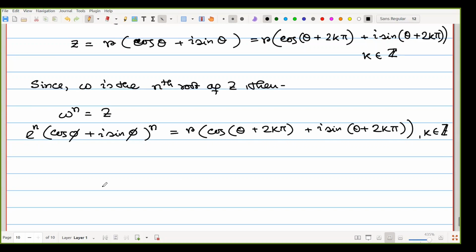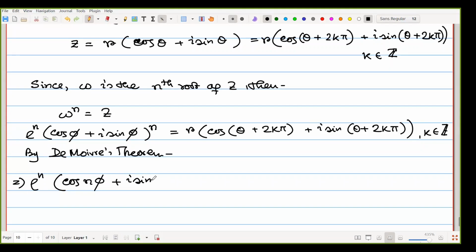So by de Moivre's theorem, rho to the power n, cos n phi plus i sin n phi, is equal to, as usual, r cos of theta plus 2k pi plus i sin of theta plus 2k pi.